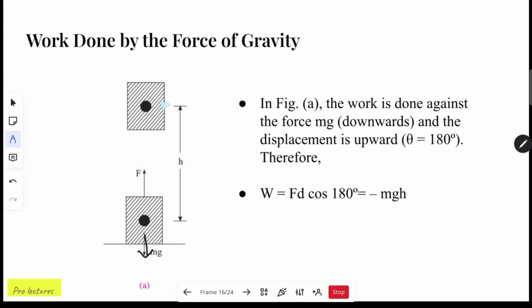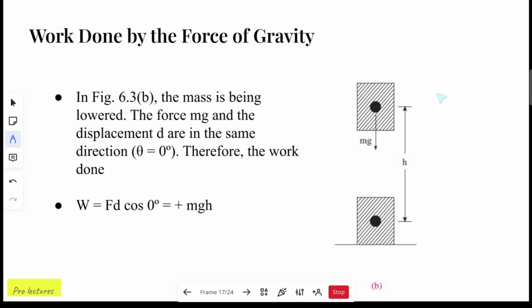We are doing the work against the force of gravity. So the displacement is upward, force is downwards. So the angle between the force and displacement is 180 degree. So in this case, work done is Fd cos 180, minus mgh. So when we lift the object, work done is negative.